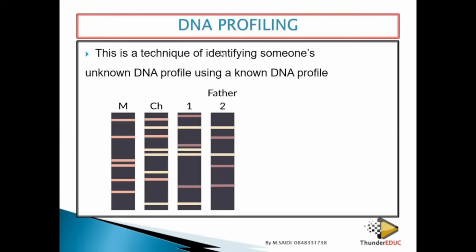So that's how this technique is used. You are the known DNA profile, and the other two guys are the unknown DNA profiles. If they correspond, then we say that he is the father of that kid.